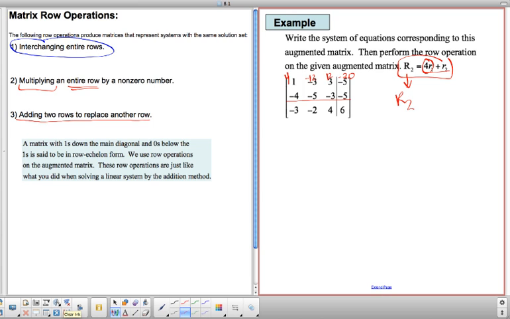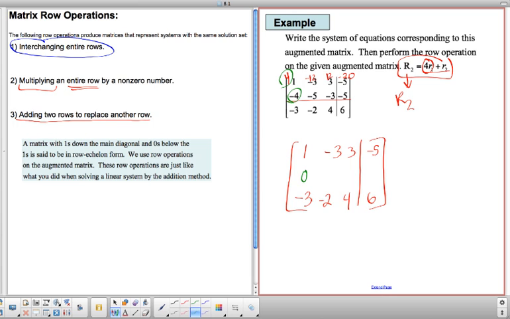Notice I'm going to leave row 1 the same. I'm not actually changing it; I'm changing it briefly in my head, typically. I'm going to leave row 3 alone because there's nothing to do with row 3. The instructions are asking me to multiply the top by 4 and add it to the middle to get the new middle. So I add 4 and negative 4, and I get 0.